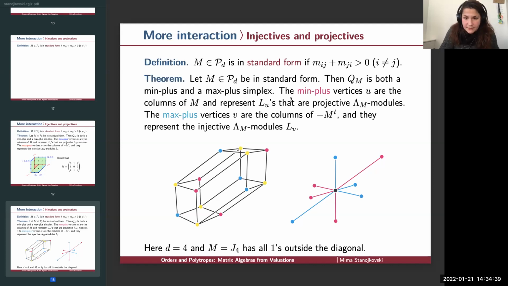We see here that the blue vertices are the max plus vertices, while the red ones are the min plus vertices. And the yellows are just other vertices that we don't need to define our polytrope as a convex hull. Okay, are there any questions so far?